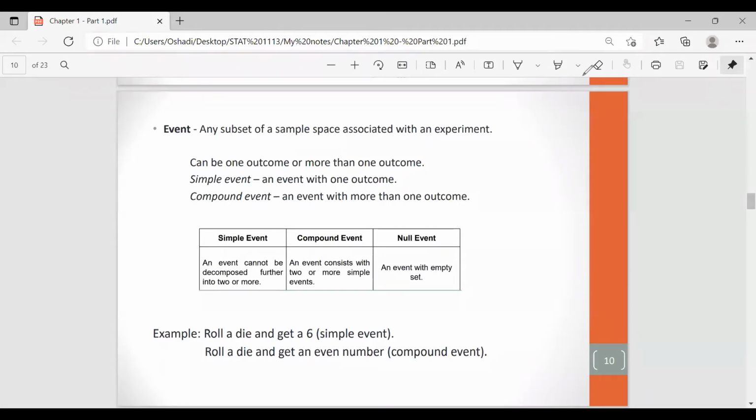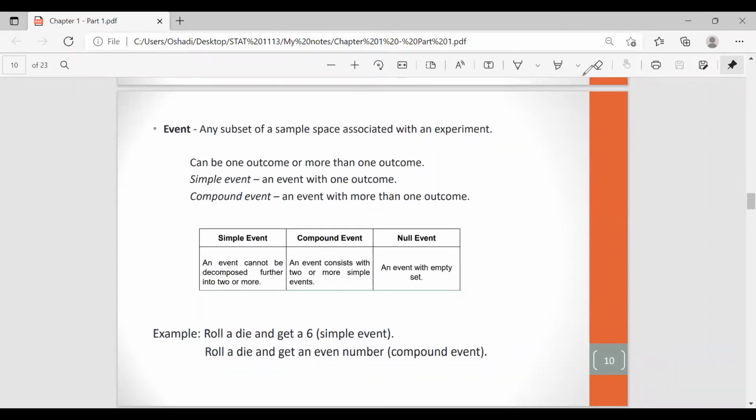So an event with one outcome is called a simple event, and an event with more than one outcome is called a compound event. And also there is another event called null event. In a null event, there are no outcomes, right?